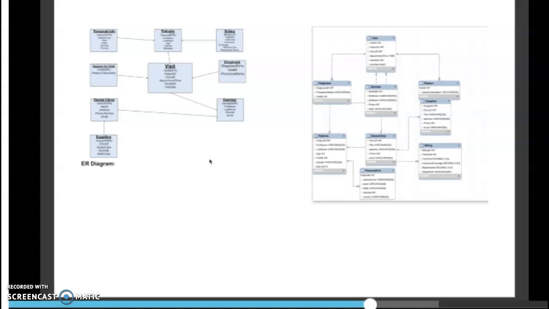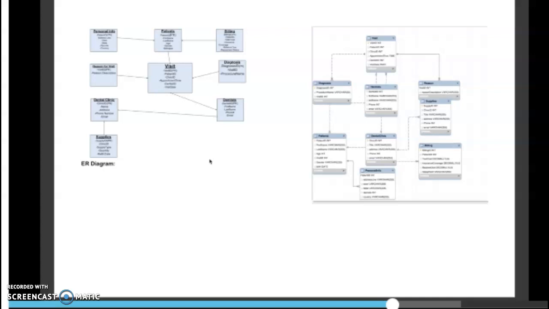And these were my two diagrams. On the left was my UML diagram, which shows how each table is connected to each other. You can see the most connected was probably the visit table. The visit table was connected to patients, reason for visit, and diagnosis. It was also connected to dentists and dental clinics.